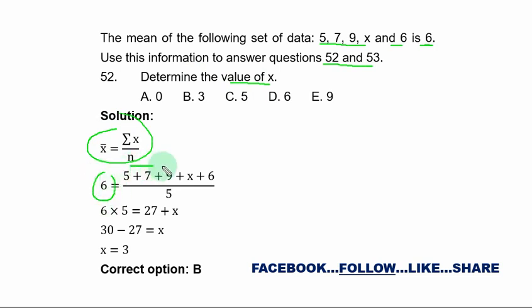You add all the data together over the number of times they occur, that is 5. You multiply through by 5 to clear the fraction, and you move the constant from the numerator. You have this result, and you have 30 minus 27 equal to S, and S is equal to 3. The correct option is B.